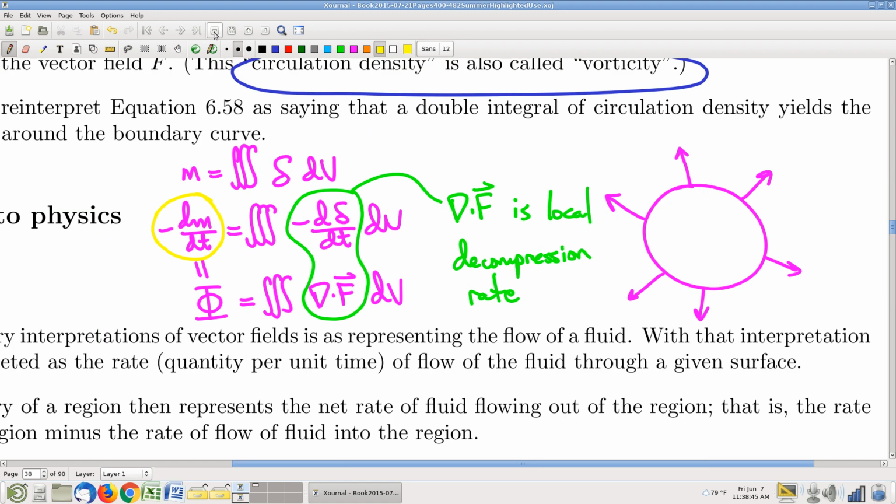Let's suppose that my vector field looks like this. My vector field is kind of going outward, if you will, from a solid region like that. What is flux? Flux says how much fluid, how much mass of the fluid is actually leaving your region. Flux is negative dm dt.